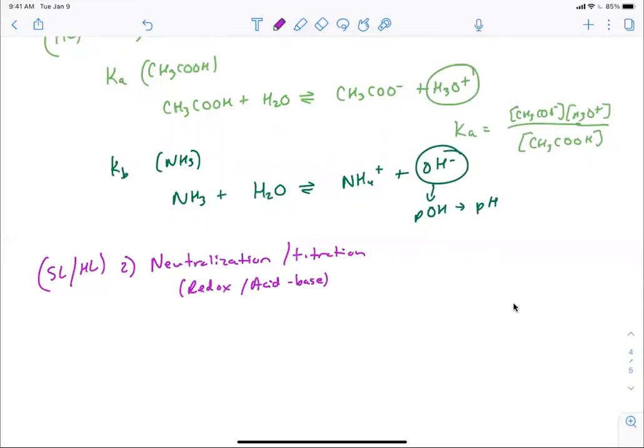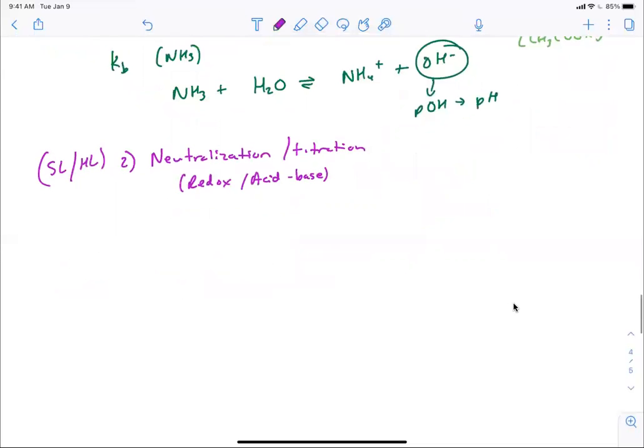it's the same concept. You need a balanced equation, and you need to use that to convert from one substance to another. So you might have something like this.